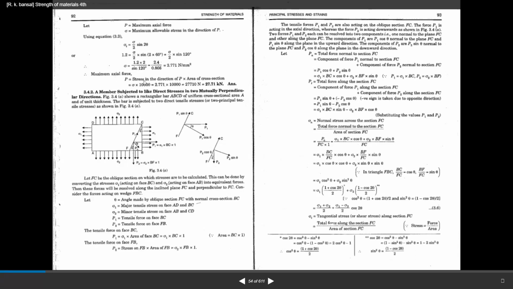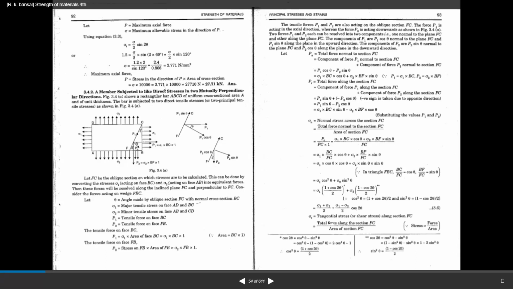Maximum axial force P equal to the stress in the direction of P into the area of cross section, that is sigma into area of cross section. The area is 10,000 mm square.